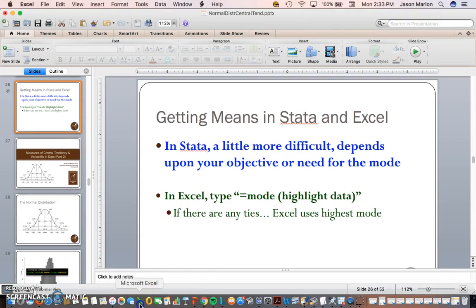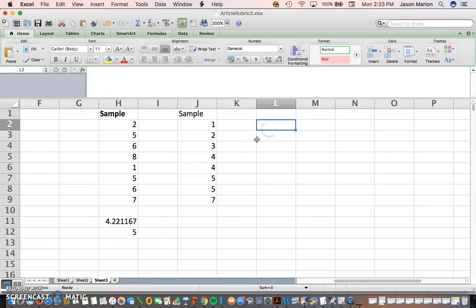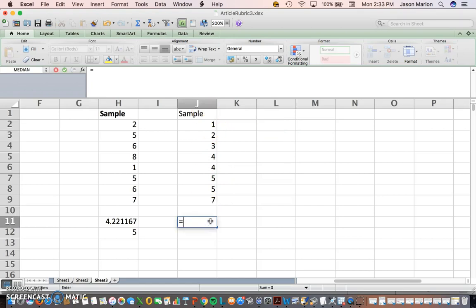mode. So if I were to go to Excel and do the mode on this set we got here, equals mode, we get 4. So that 4 is the most frequently observed number. Now if I were to put in a number 7, 4 occurs twice, 7 occurs twice, equals mode.